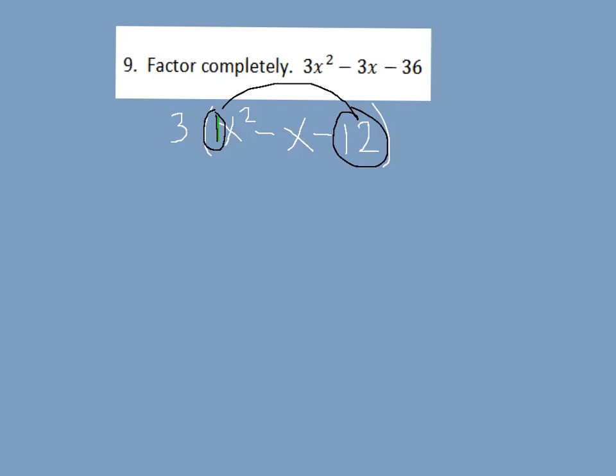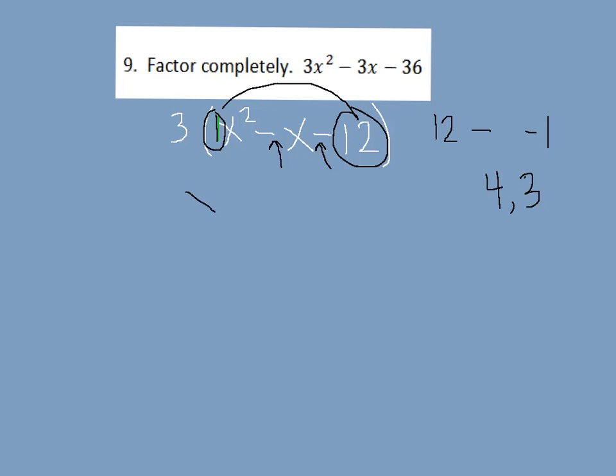I multiply 1 and 12, I get 12. So I'm looking for factors of 12 that subtract to -1. Factors of 12 that subtract to -1. Okay, I know what my numbers are. They're 4 and 3. Okay, so I need to use 4 and 3.